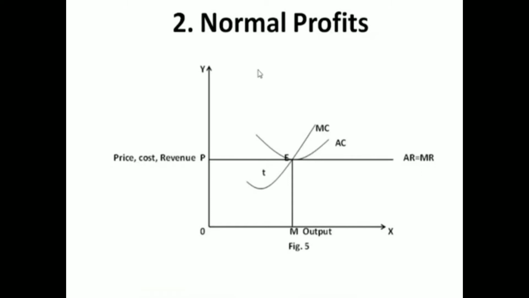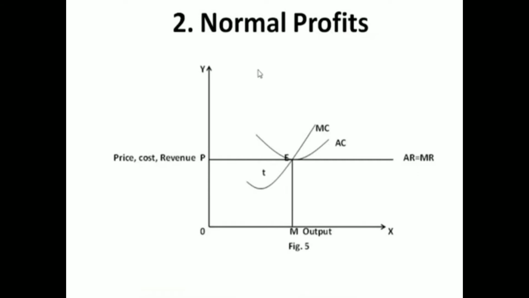Because normal profit is already included in the average cost of production. So if the firm is getting the AC of production, we say the firm is getting normal profit. At least the firm is able to cover the average cost, so the firm earns a normal profit.